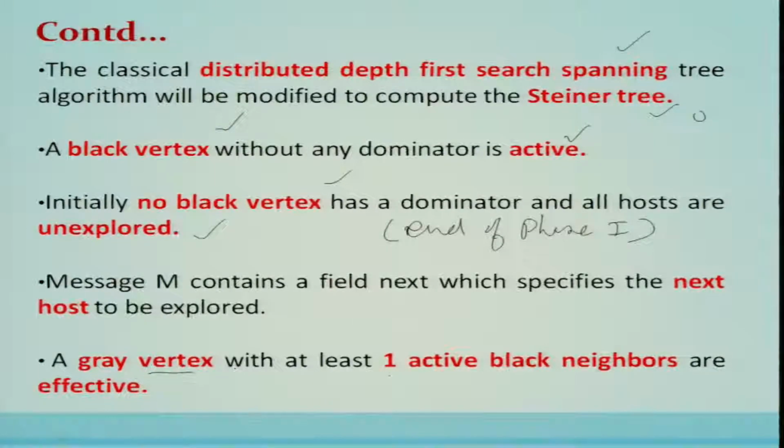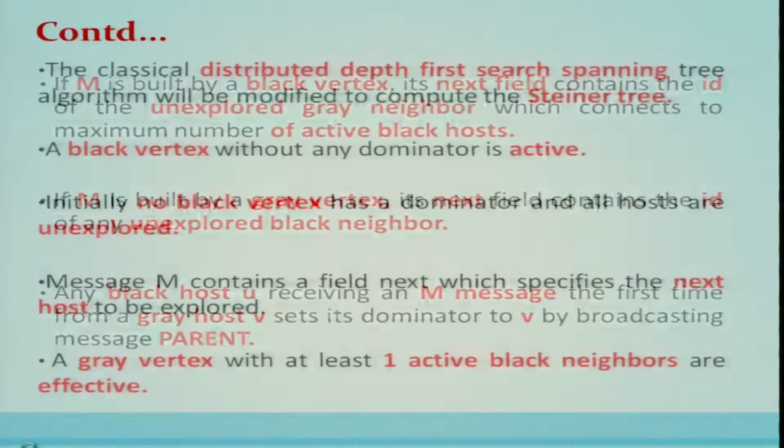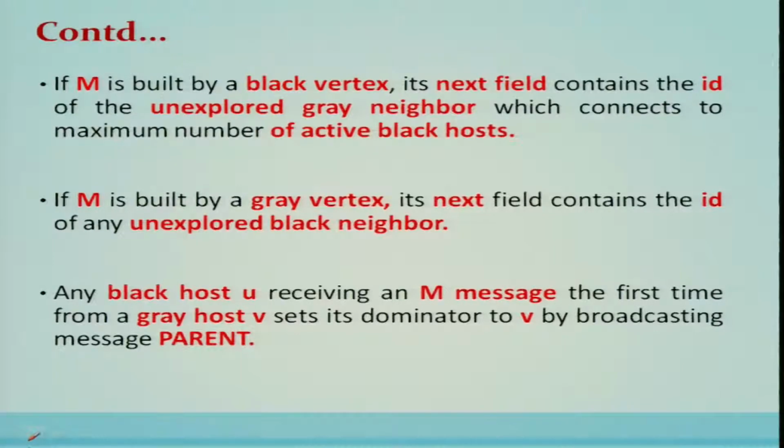The gray vertices with at least one active black neighbor are effective. Effective means they have the potential of becoming blackened and will contribute as dominators to the other black nodes. If M is built by a black vertex, its next field contains the ID of the unexplored gray neighbor which connects to the maximum number of active black hosts.